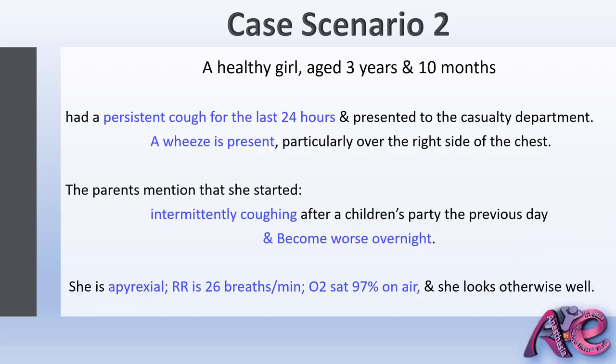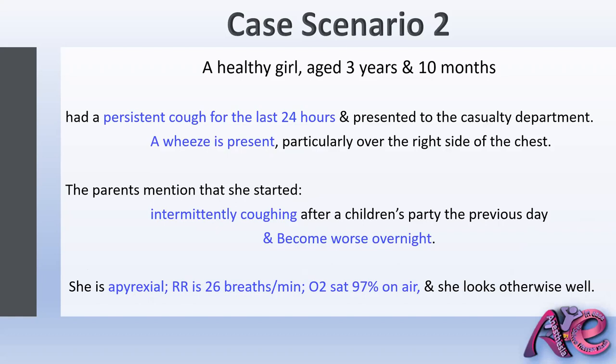The second case scenario is a healthy girl aged 3 years and 10 months who had a persistent cough for the last 24 hours and presented to the casualty department with wheeze, present typically over the right side of the chest.